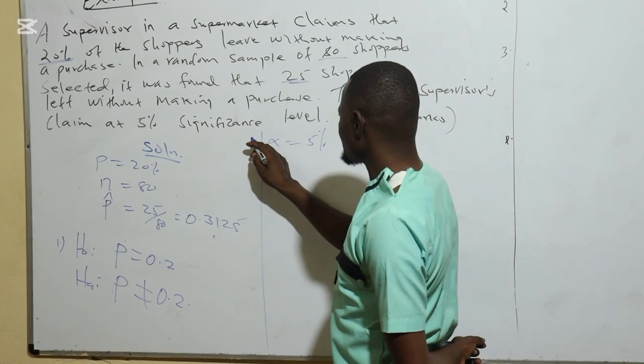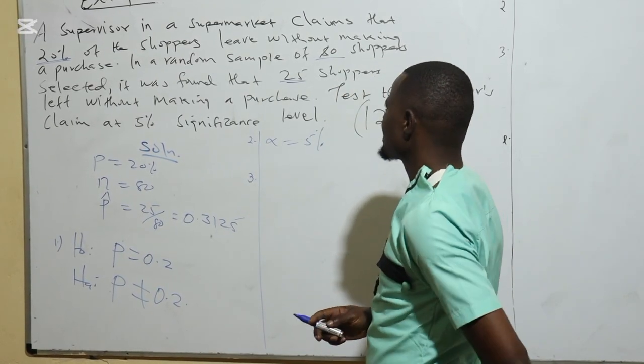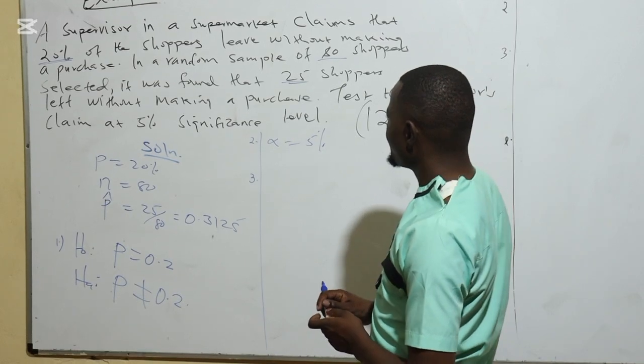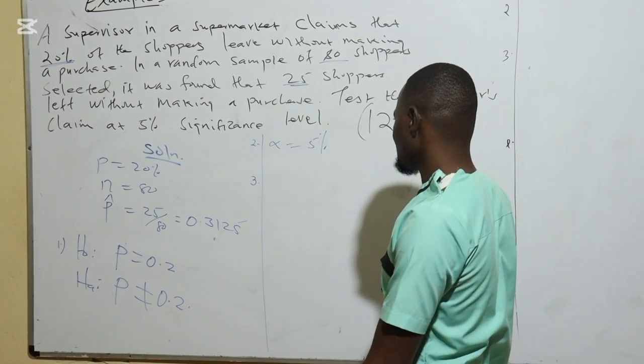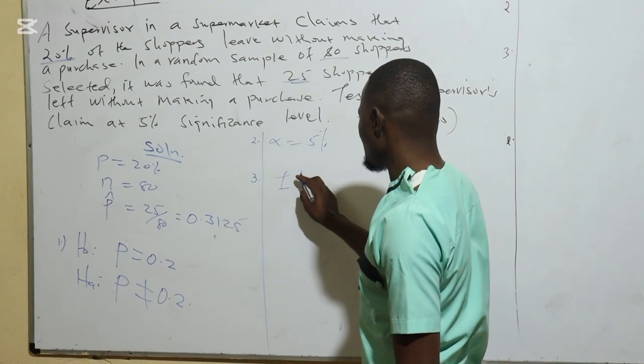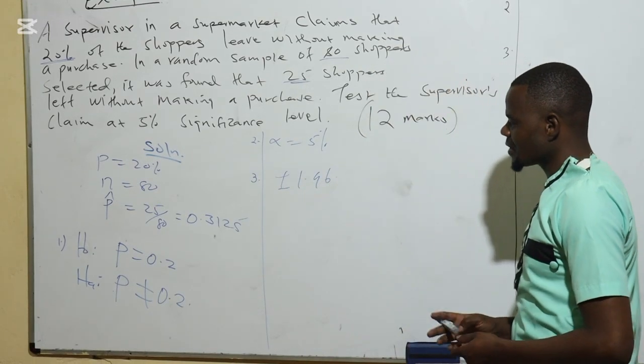That is step number 2. Step number 3, we want to get the critical values. This is a two-tailed test, so the critical values are just plus or minus 1.96 when you do it at 5%.